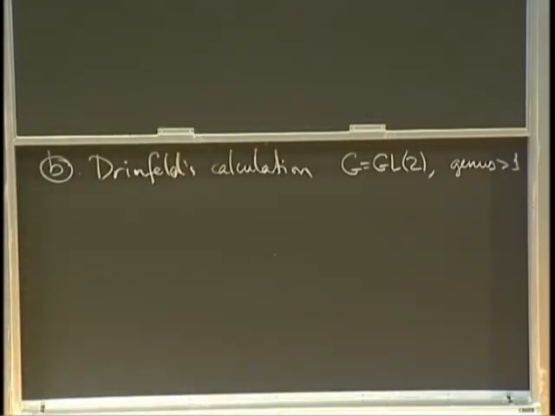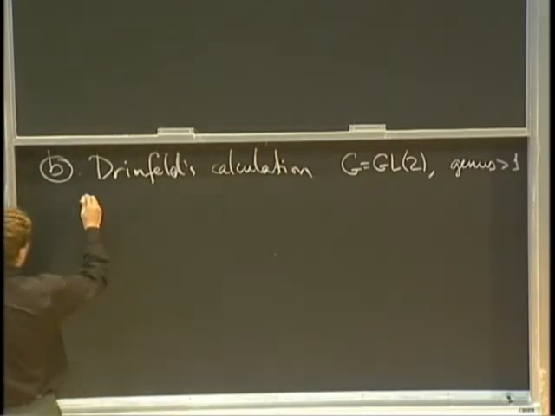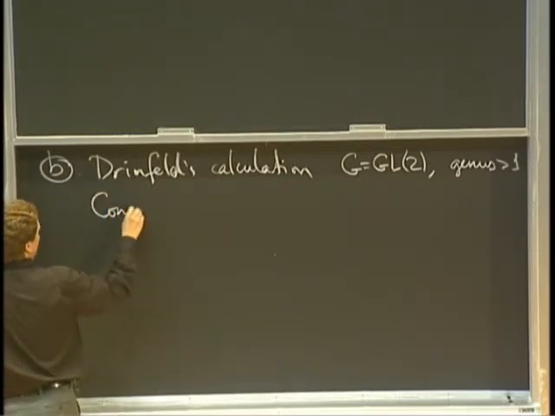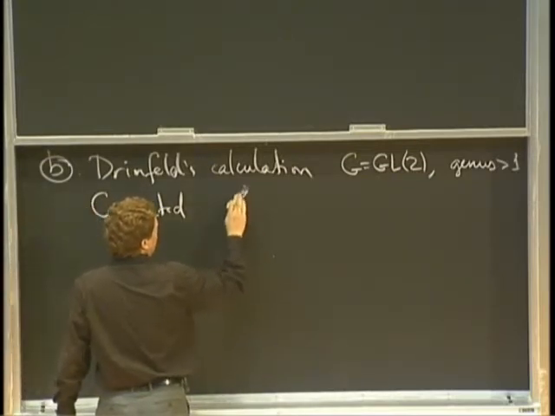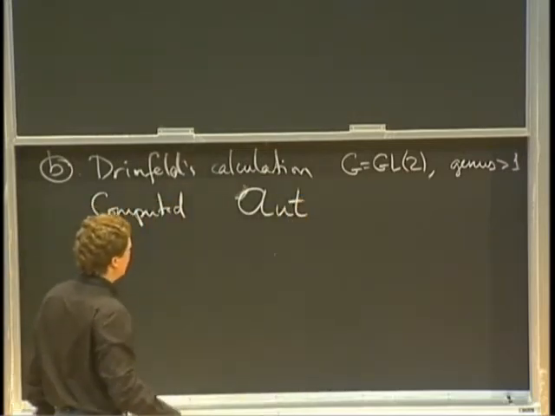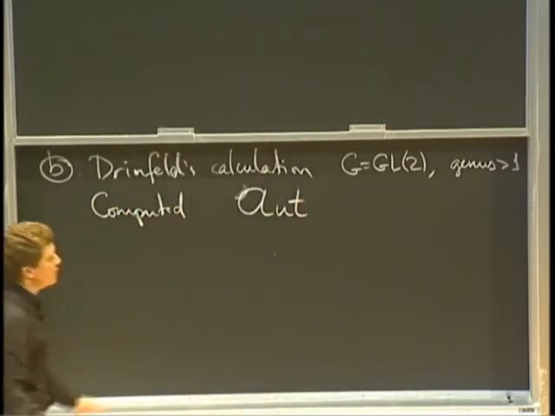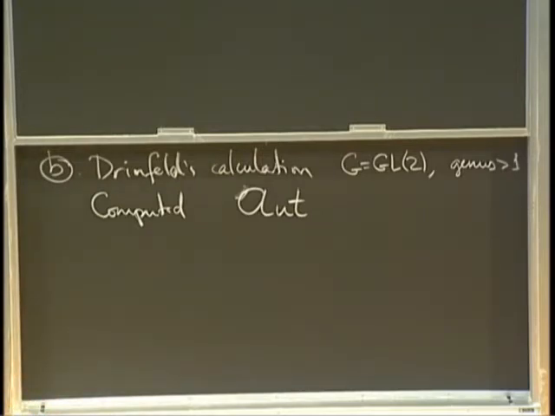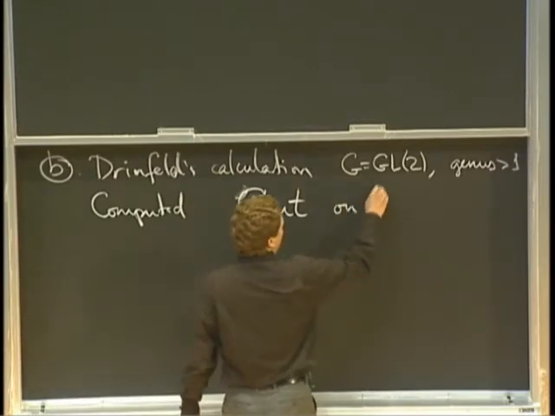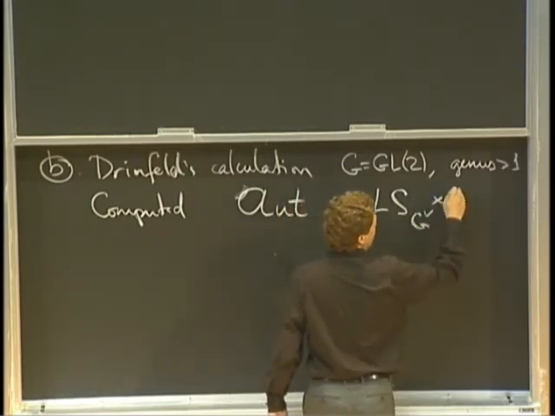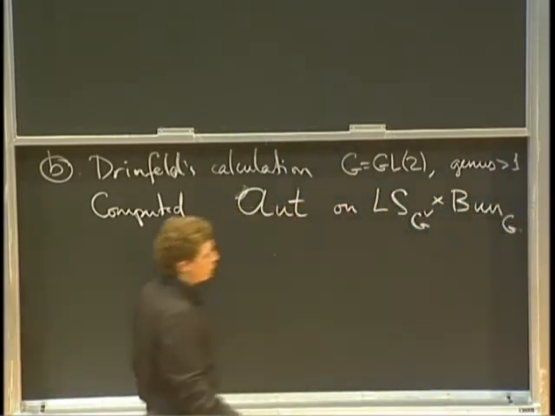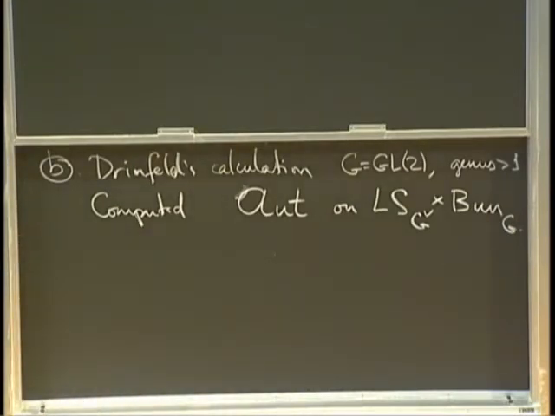Namely, what Drinfeld did, he computed, in maybe not completely explicit form, but explicit enough for our purposes, this universal Hecke eigensheaf that's supposed to live on the product of local systems, which are just rank 2 local systems and rank 2 vector bundles. And this guy has a lot of nice properties.